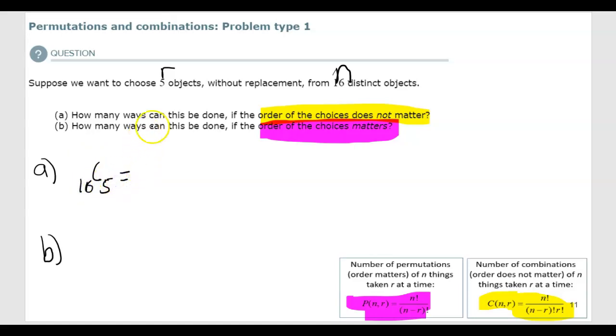So we should have gotten 16 choose 5, which is 16 factorial over 16 minus 5 factorial times 5 factorial. And we should have gotten 16p5.